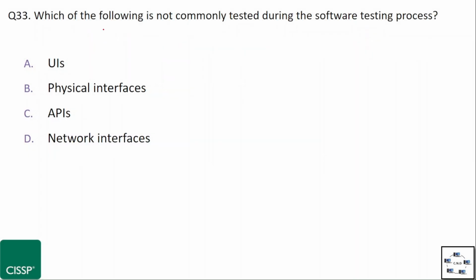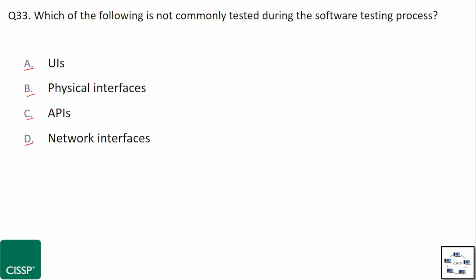Question number 33. Which of the following is not commonly tested during the software testing process? And the options are option A, UIs, that is user interfaces; option B, physical interfaces; option C, APIs; and option D, network interfaces.